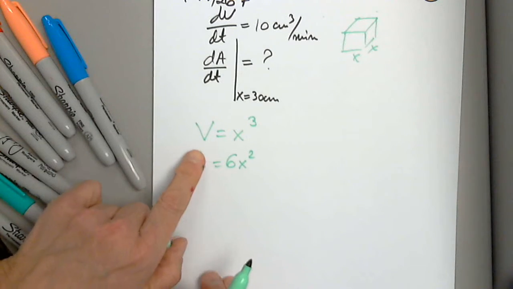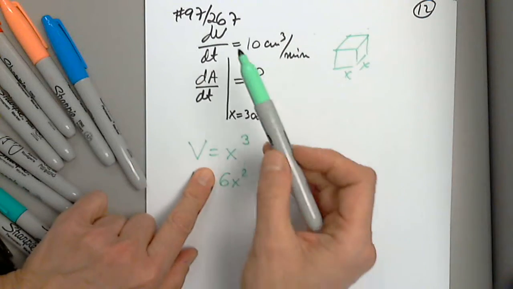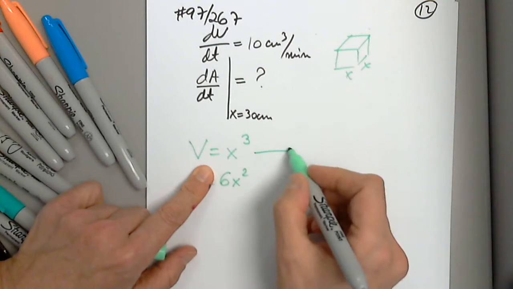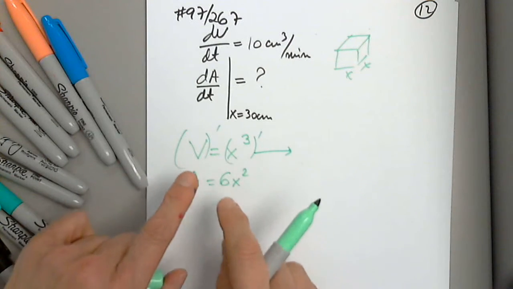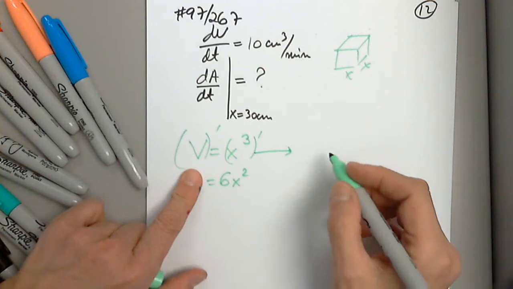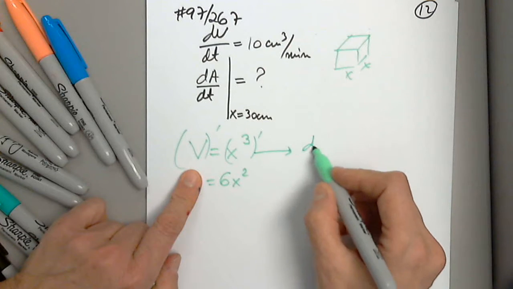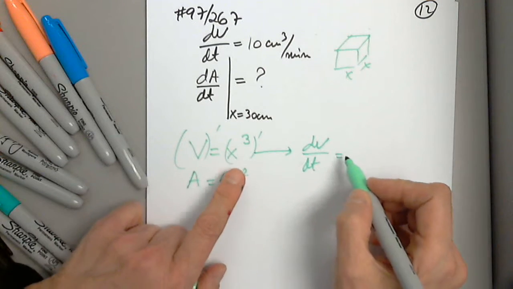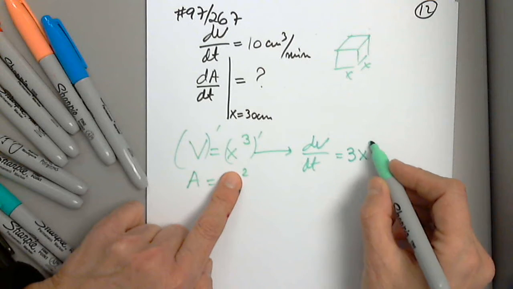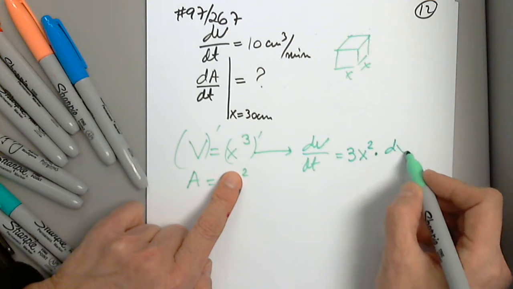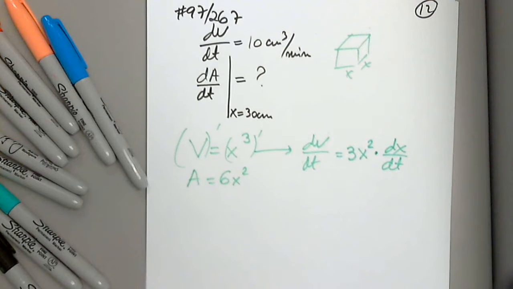Good. So when I determine dV over dt, how do I differentiate? Implicitly, because they are both functions of time. The left-hand side would be, indeed, dV over dt. What about the right-hand side? 3x squared times dx over dt. Awesome.